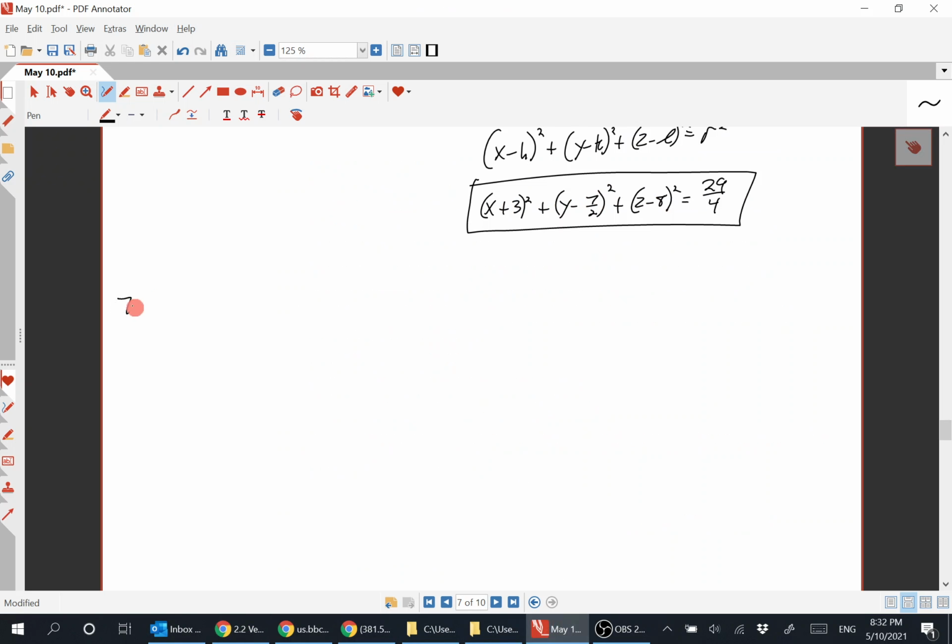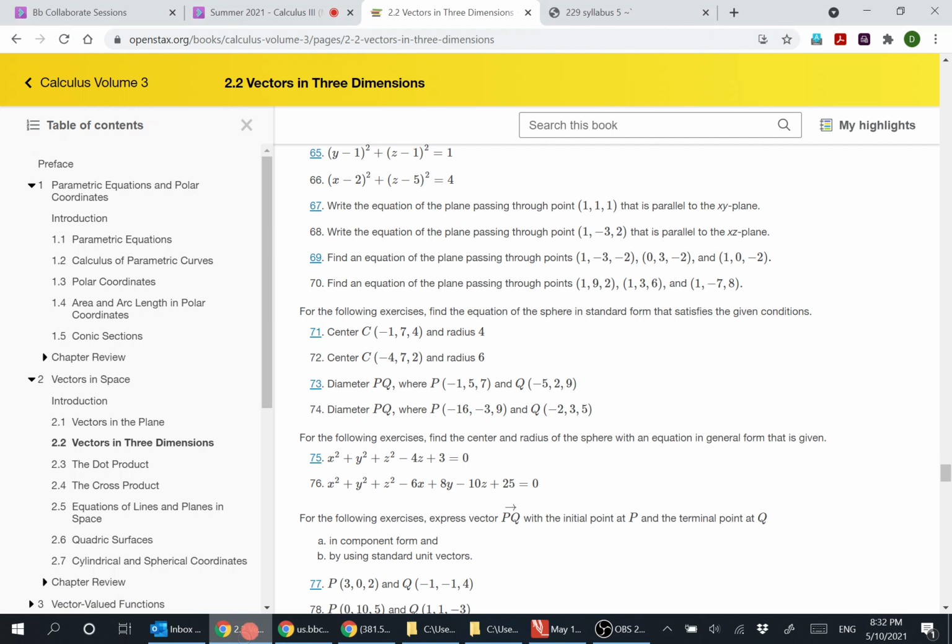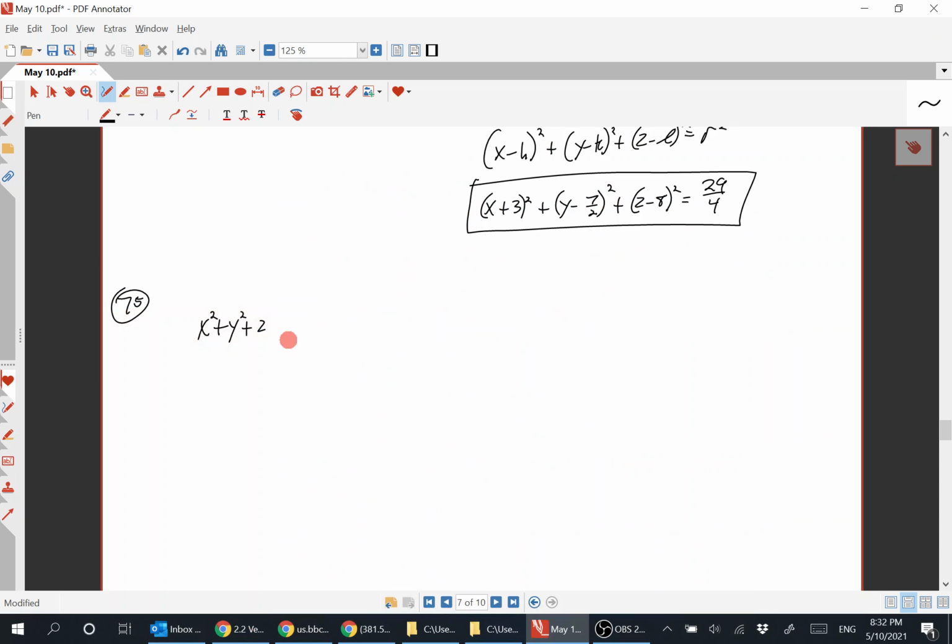So 75, we have x squared plus y squared plus z squared minus 4z plus 3 equals 0. All right, so group the x's together and the y's together and the z's together and move the constant to the other side.